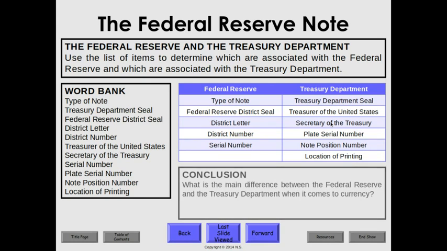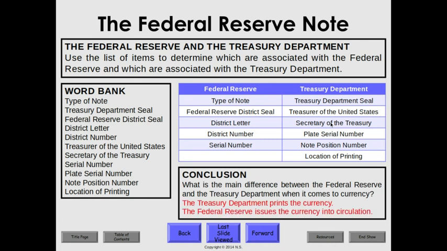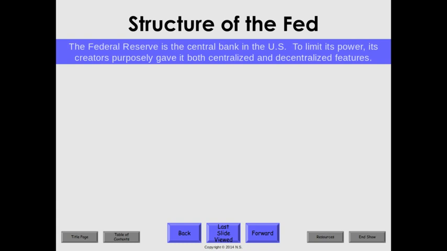So what is the main difference between the Federal Reserve and the Treasury Department when it comes to currency? Treasury Department prints it, and the Fed issues it into circulation. So the Fed basically controls how many actual paper bills are out on the street.